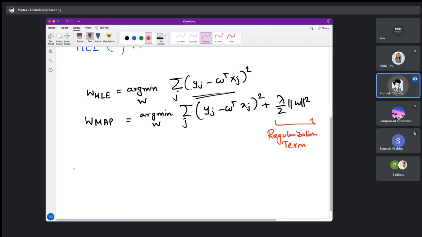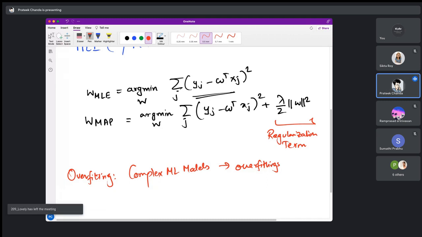For the case of overfitting, complex ML models can often lead to overfitting. By complex models I mean models with a lot of weight parameters, like in the current age of language models. You have billions of parameters, although they don't overfit, that's a different case.